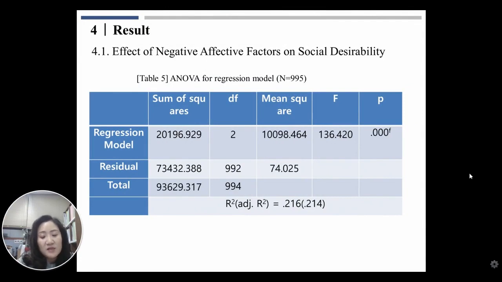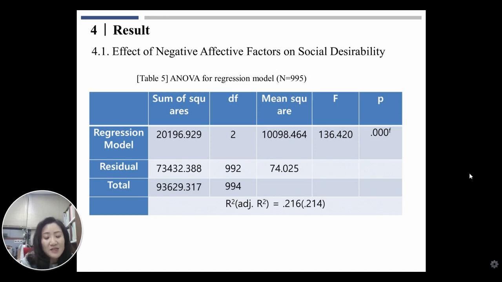Table 5 is the result of testing the statistical significance of the model for measuring the effect of negative emotional factors on college students' social desirability.